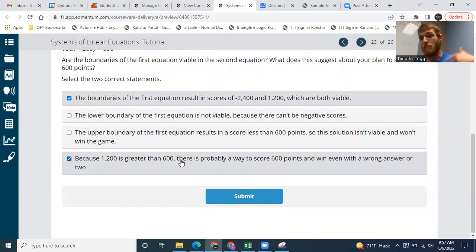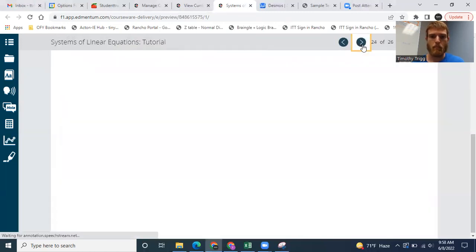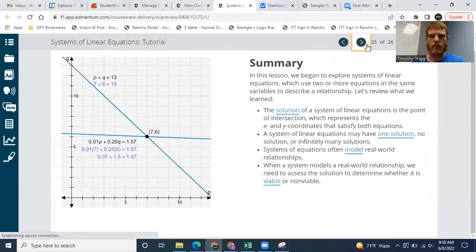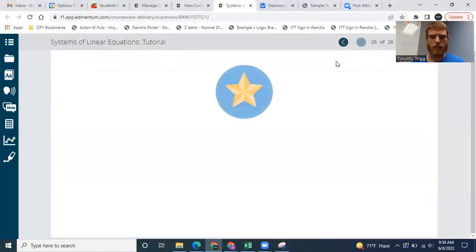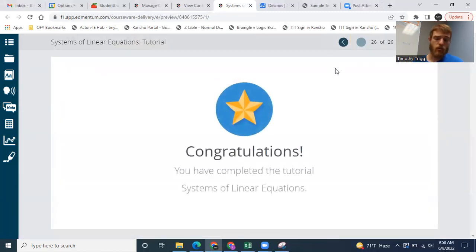You'll have to get most of your questions correct if you want to score 600, but since our upper boundary is 1,200, it's likely that you could get like 10 of them correct and then miss a couple and still win, right? That's what this last one says, basically. Okay, kind of a funky way to present that, but okay.